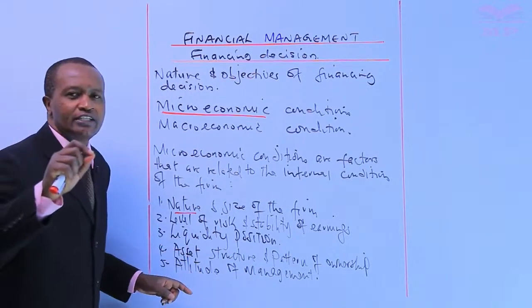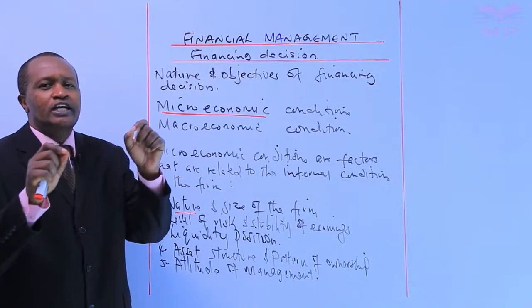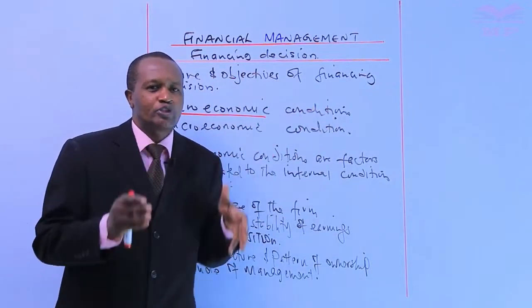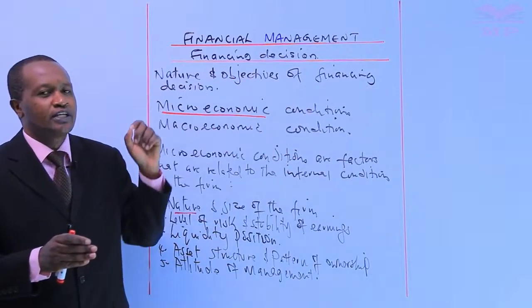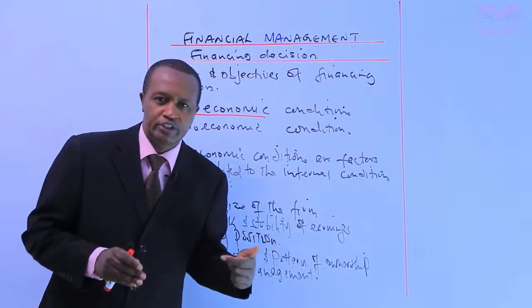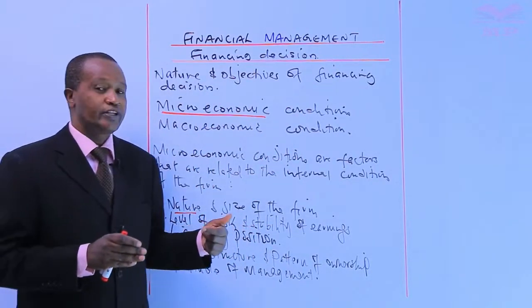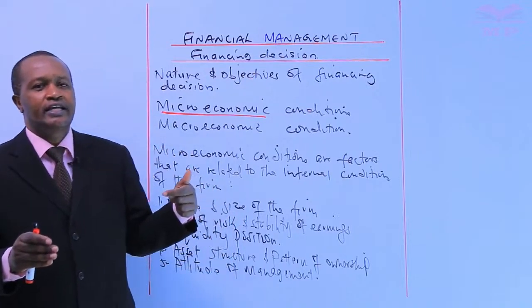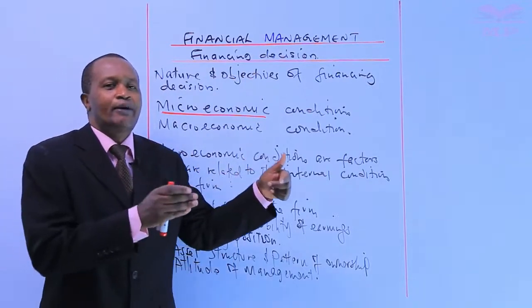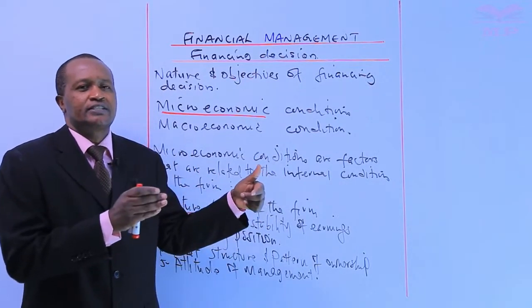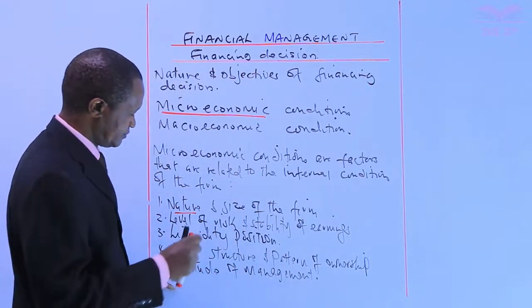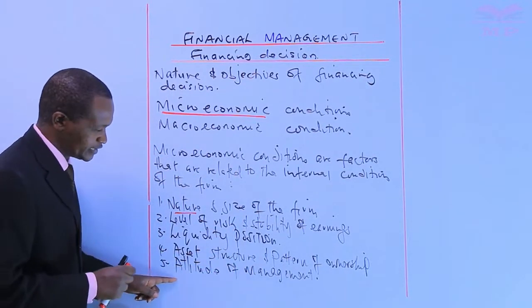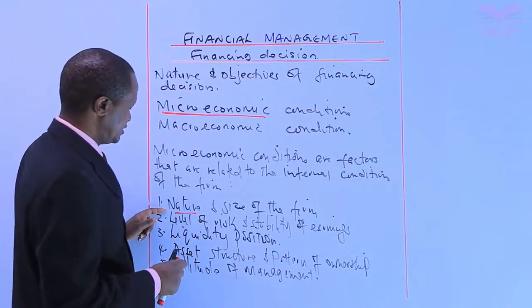And the share of long-term capital in the capital structure will also be large in farms that produce capital goods. On the other hand, in trading companies or concerns, a greater part of the investment is found in current assets. I'll give an example of a supermarket.